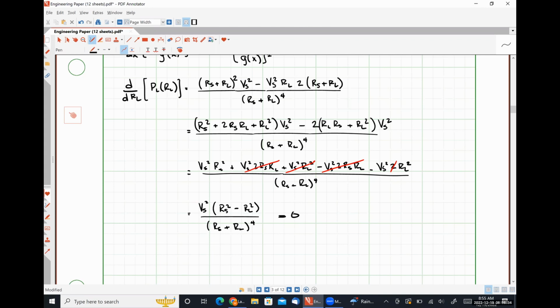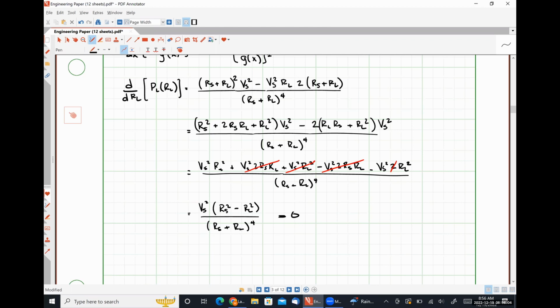So if VS squared were 0, the power is 0 because the whole system is 0 effectively, right? If we don't put an input voltage into this thing, everything is going to be 0. So that is a solution, but it's a trivial solution. So what was the other one, Tyler? Okay, so the quantity in parentheses has to be equal to 0. So what condition works there?